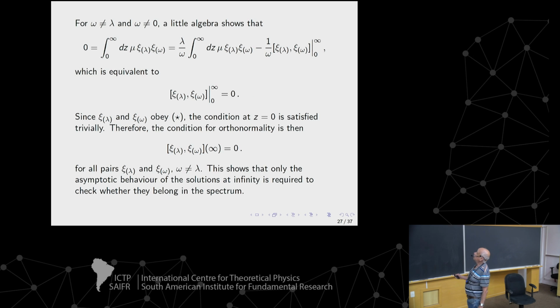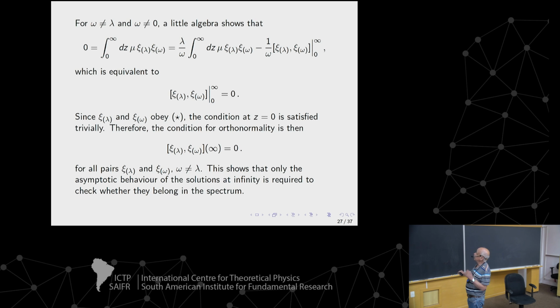So if you have two different eigenvalues, not equal to each other, and one of them not equal to 0, you can use a little algebra here using the bracket condition. And you can see, in fact, that it just reduces to a condition of the bracket at 0 and infinity.